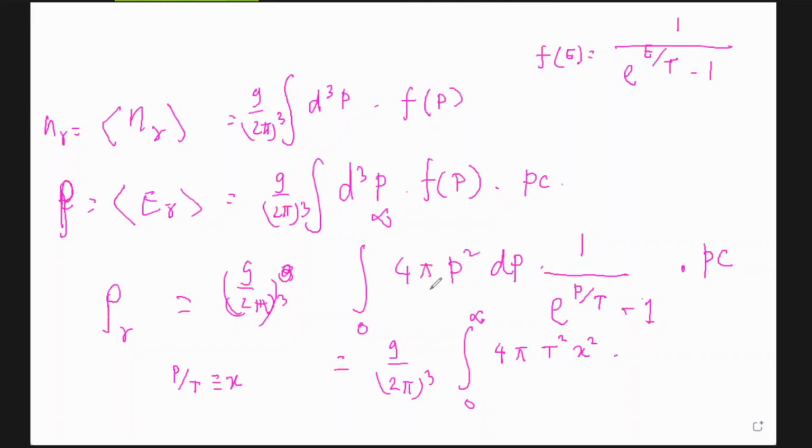At least the first part, 4 pi p squared, is like this. dp is T into dx. And then there will be another pc, one more p for energy, so it will be p cubed. P is basically x times T, divided by e to the power x minus 1.